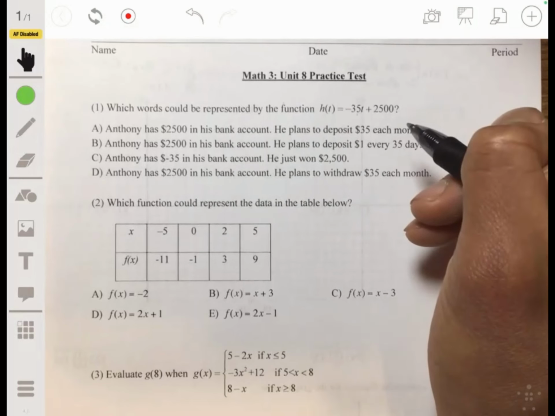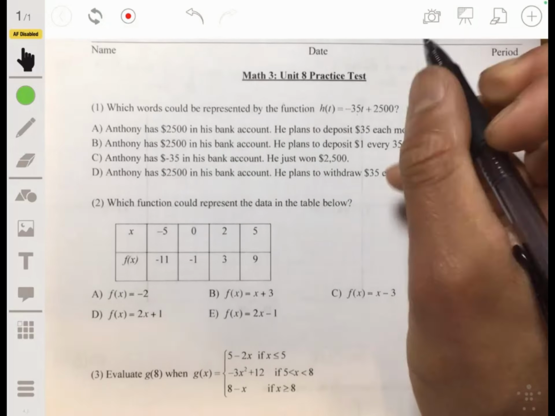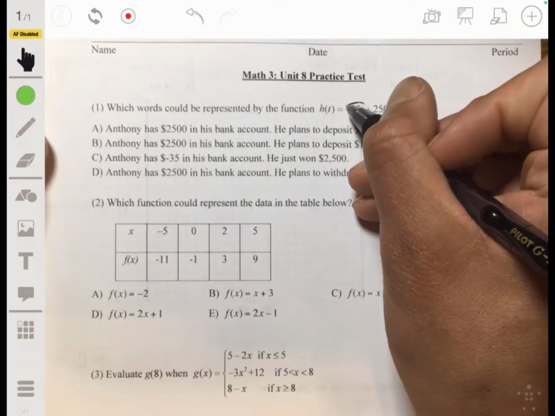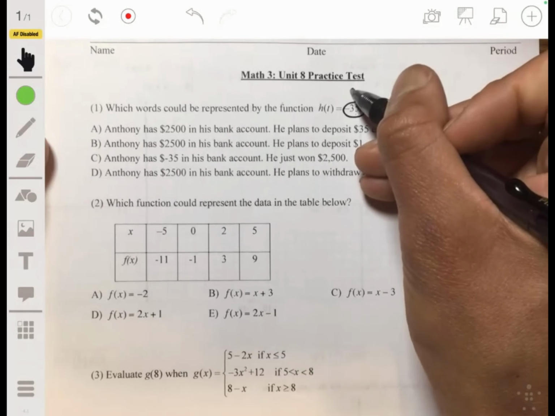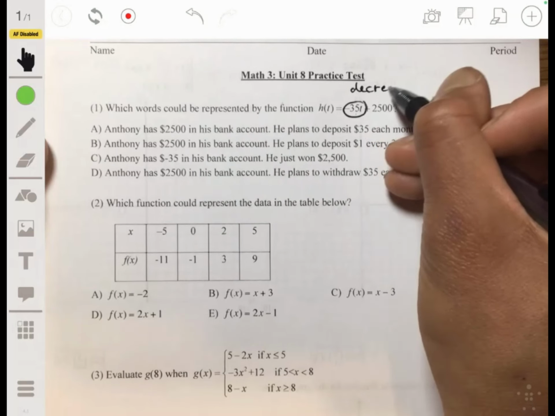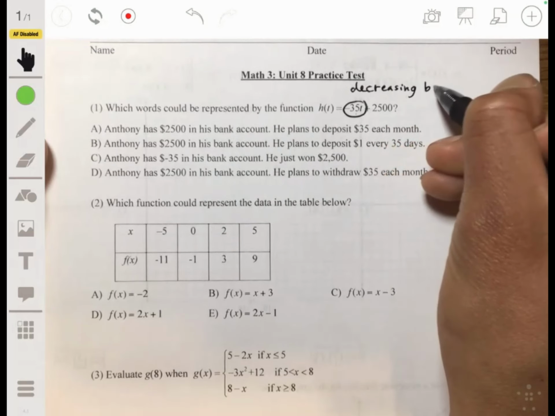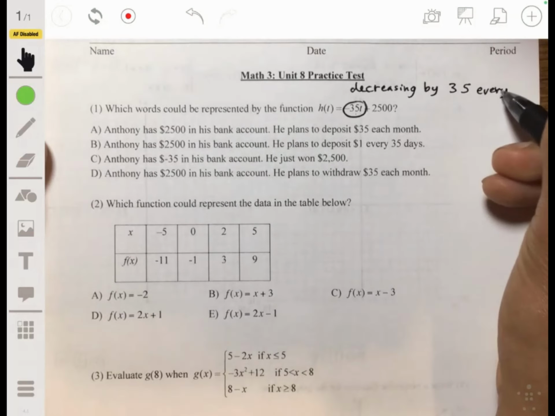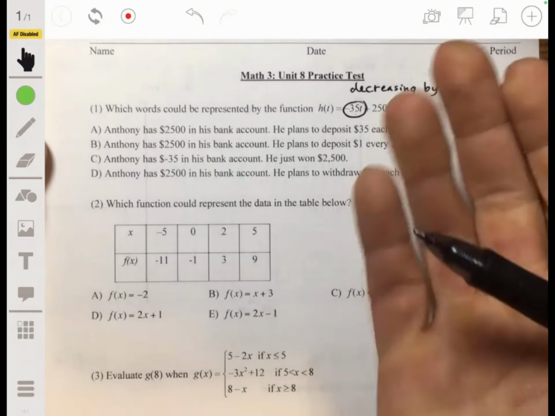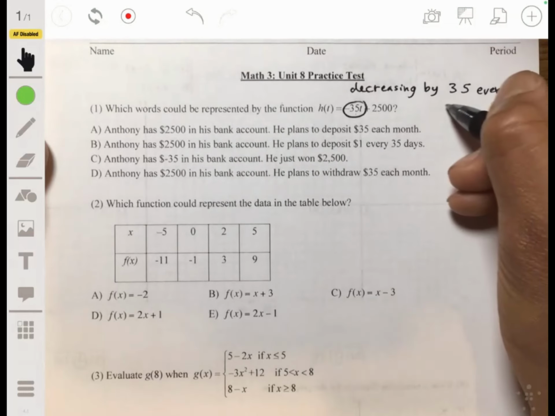We want to look at what this negative 35t means. This negative 35 means we're decreasing by 35 every time t goes up by 1.